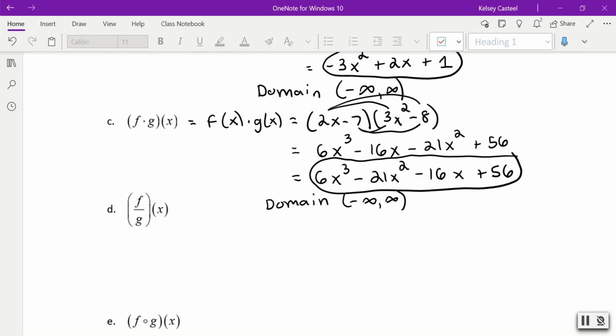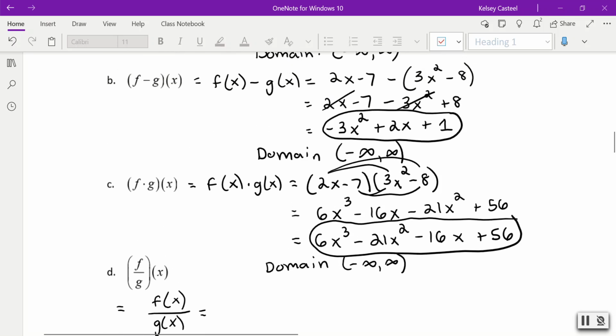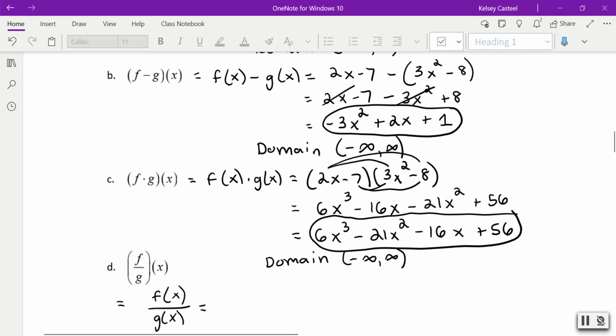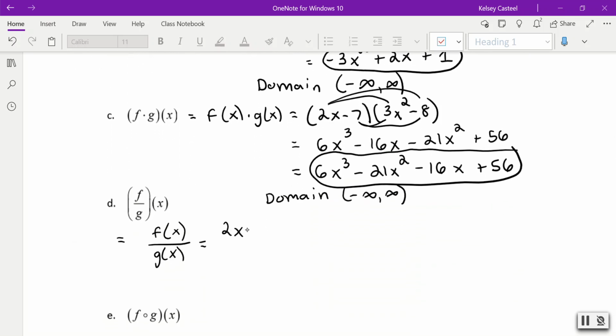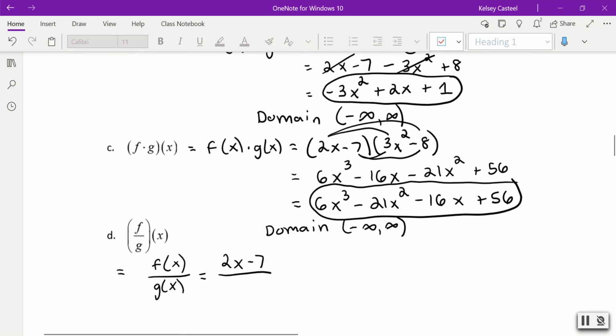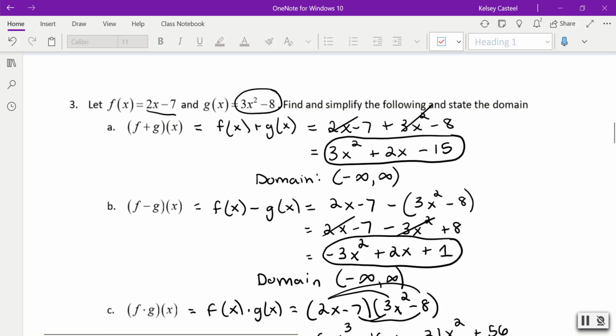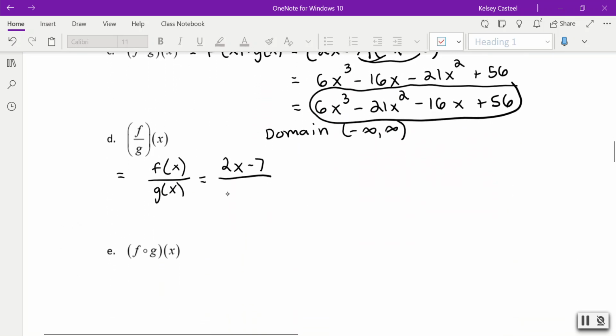Part D, we have the quotient of our two functions. So we have f of x divided by g of x. So f of x is in the numerator, and that was the 2x minus 7. G of x is in the denominator, that's the 3x squared minus 8.